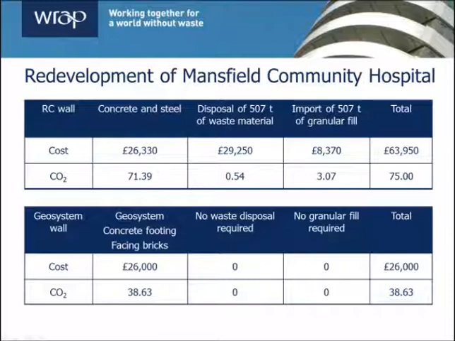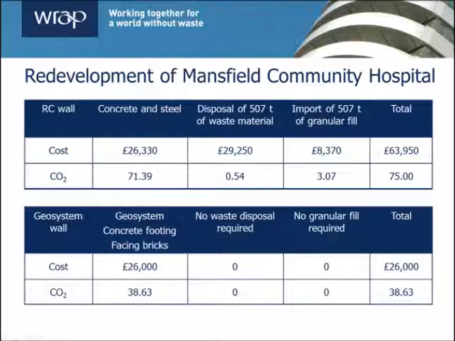This significantly increased the cost of building the reinforced concrete wall. By utilising the materials available on site, no waste disposal or import of fill material was required for the geosystem wall, meaning the cost remained at £26,000, producing a saving of £38,000 over the original proposal.